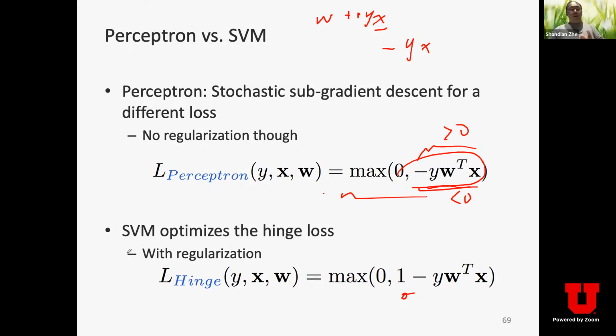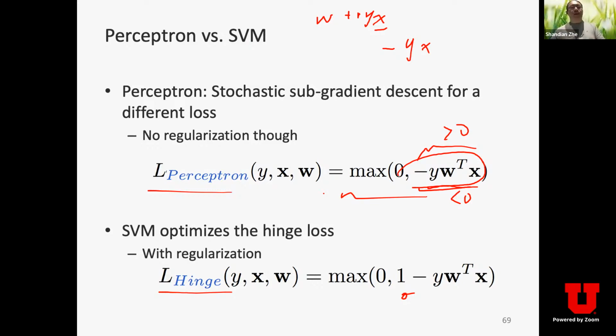For the SVM, in addition to the hinge loss, our objective function also has a regularizer which penalizes the models, because we want the maximum margin. But for the perceptron, we don't have the regularizer at all. And based on that, the subgradient we compute is completely consistent with the perceptron updating rule. That's a very interesting analogy.